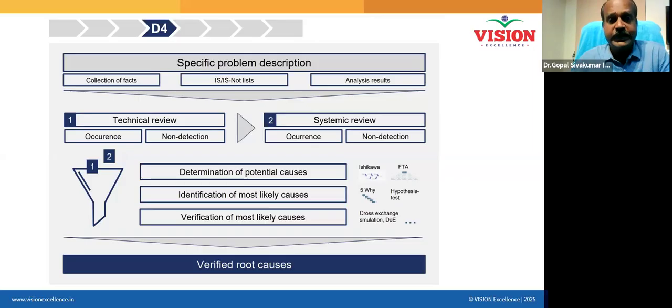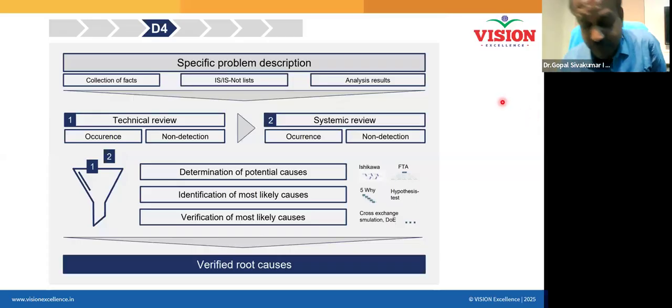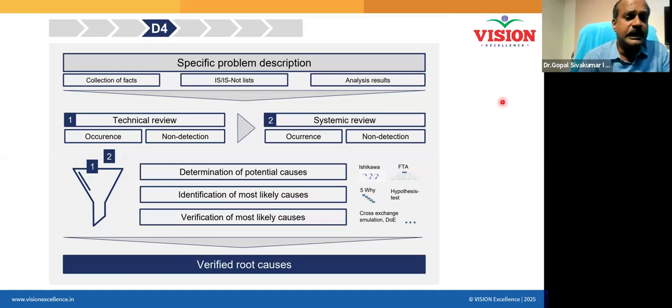Systemic review means you have to understand from the system perspective. Let's say your machines are old. All your machines are costly, but your machines are old. You are doing the root cause analysis, but you are not really able to change the machines.